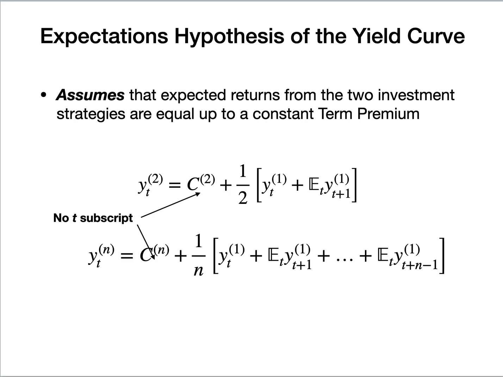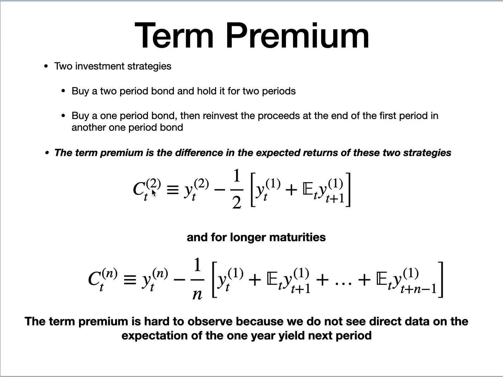So if you go back 2 slides, I defined term premia with a subscript because expectations at time t might change, events might change, and the difference between this and this can change. So this is something conceptually that could vary over time.